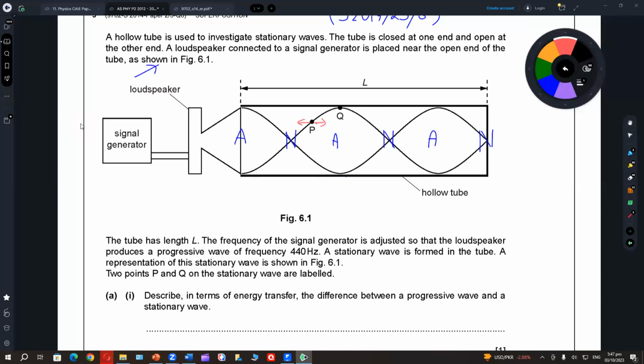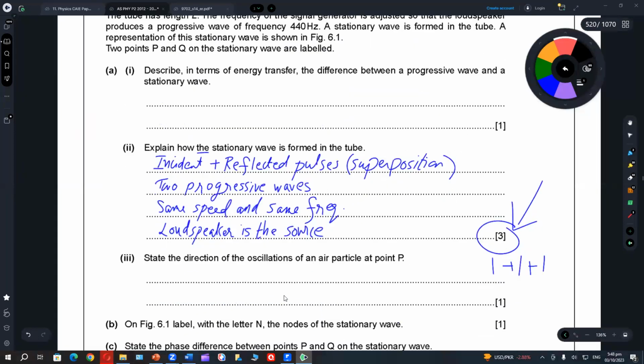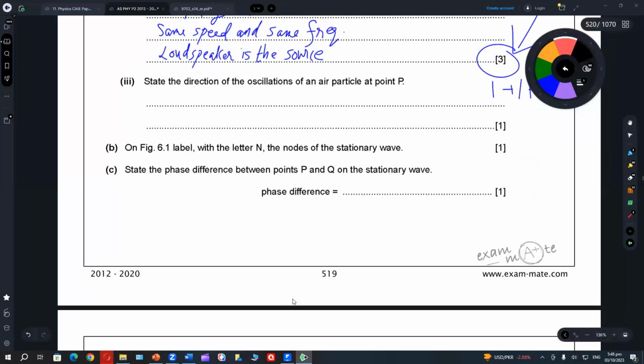The particle will oscillate sideways within the tube because it has to move the wave forward. On figure 6.1, label with the letter N the nodes of the stationary wave. We already have done it.